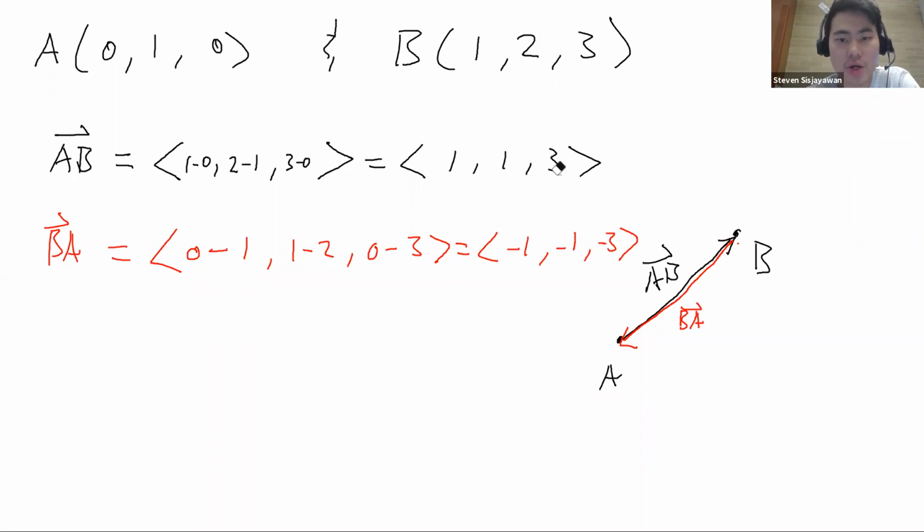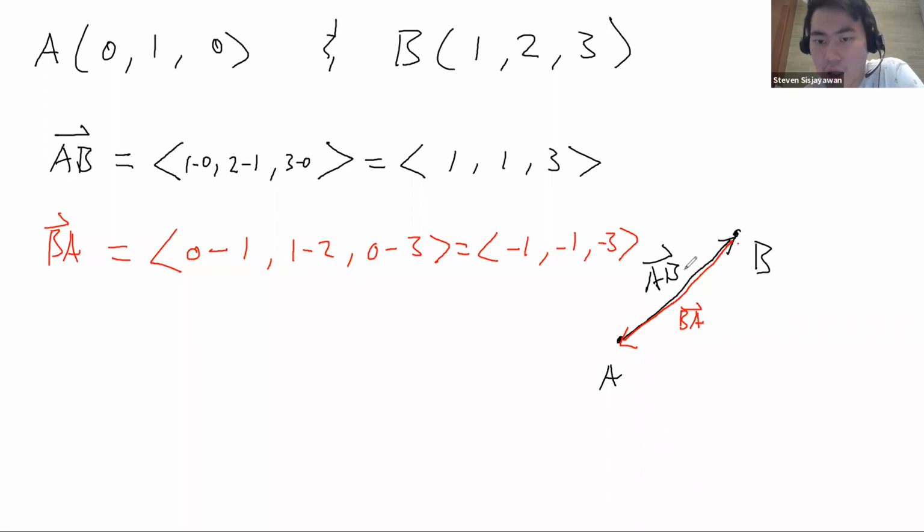Vectors are not written with parentheses because a vector is not a coordinate, it's the distance between 2 points. In this case, it's the displacement vector from A to B, so that's the distance between B and A. And so we're going to use a less than and a greater than sign to distinguish between a point and a vector.